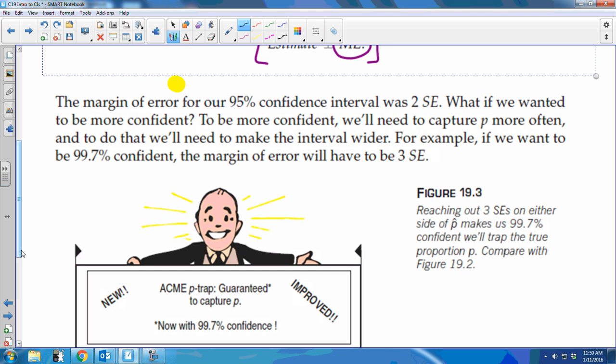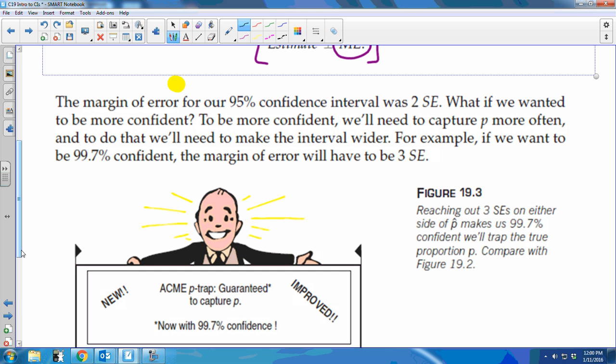So this is important. The more confident you are, the wider your interval is. We already talked about that 100% would be 0 to 100. Does that make sense? But the more confident you are, the wider your interval gets. If you start giving these really wide intervals, well, that's not saying much. Again, on the flip side, if you give these really narrow intervals, then you're probably not very confident about it.